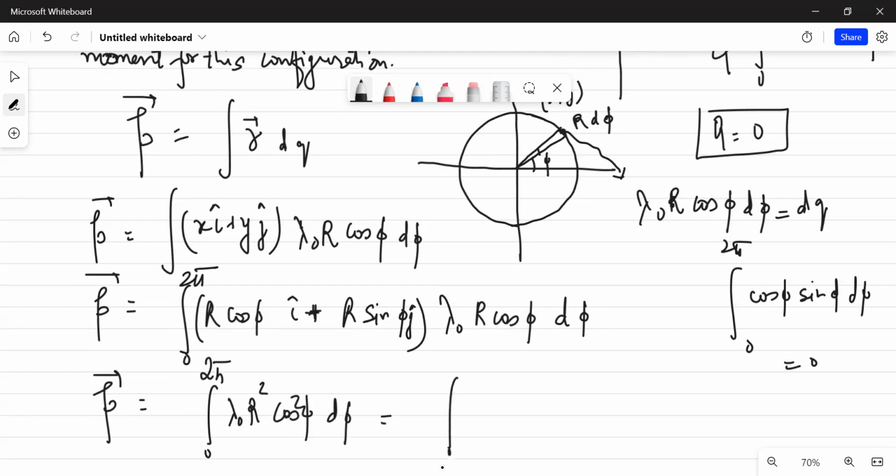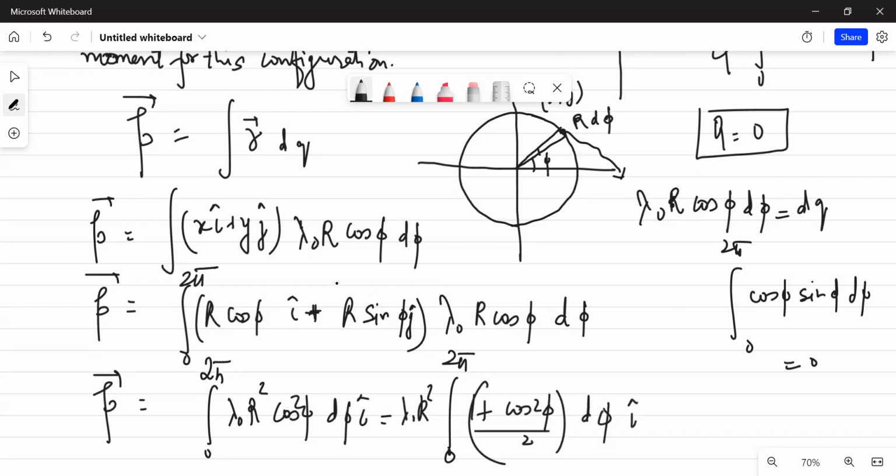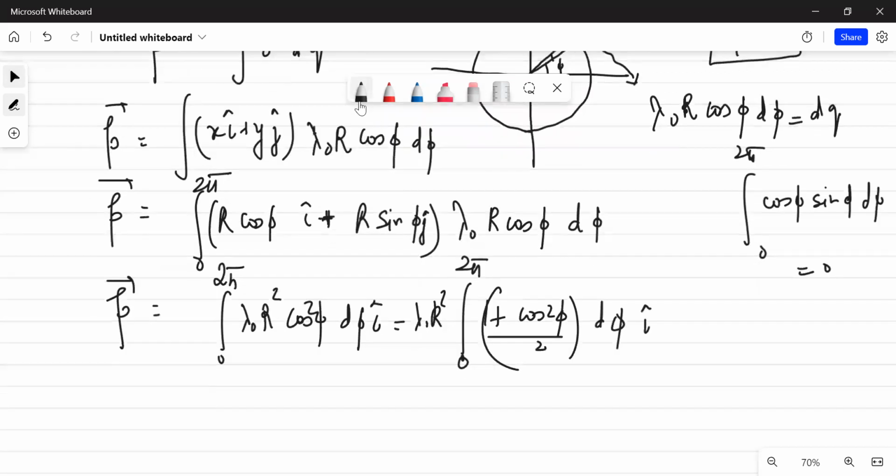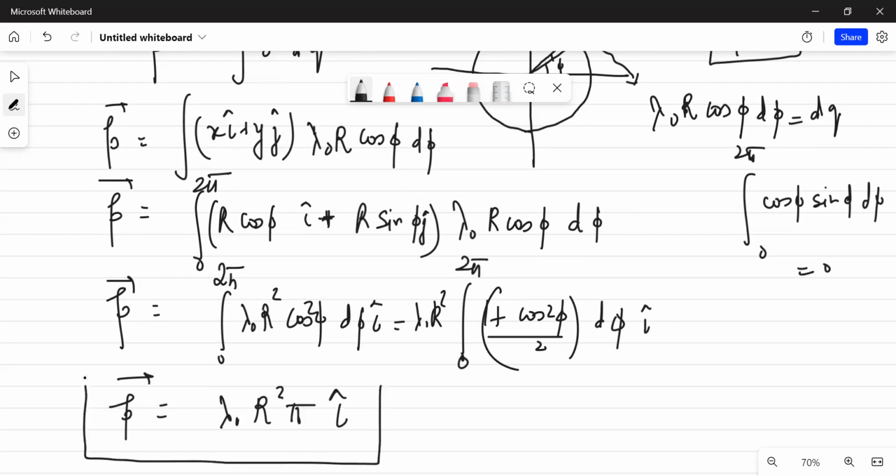This is integration from 0 to 2 pi of lambda naught r square times (1 plus cos 2 phi) upon 2, d phi, i cap. So eventually I will get my dipole moment vector in the direction of i cap, whose magnitude is equal to lambda naught r square pi. Is that clear or not clear?